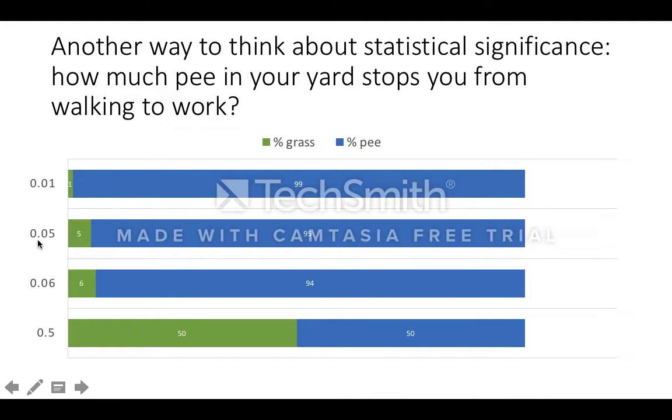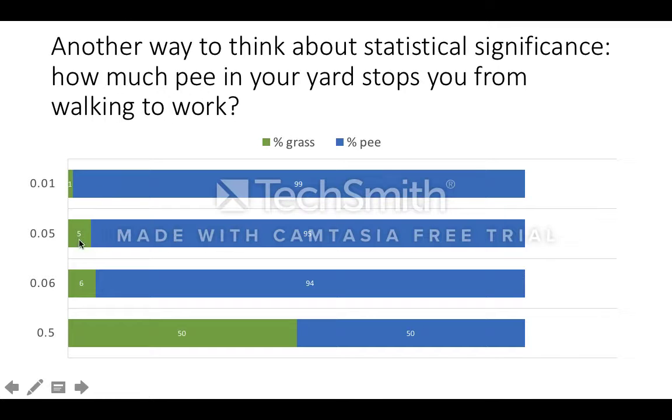So the second bar from the top is a picture of a p-value of 0.05. This green here represents the grass, or the idea that the results we have are due to chance alone.